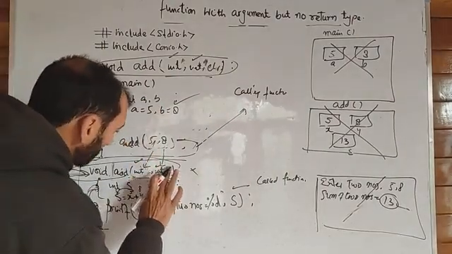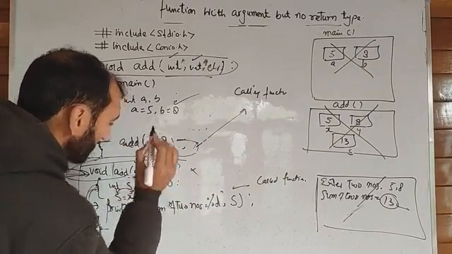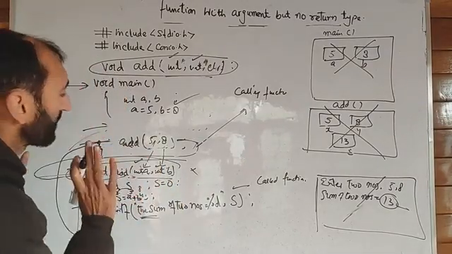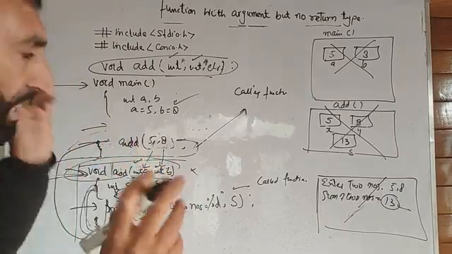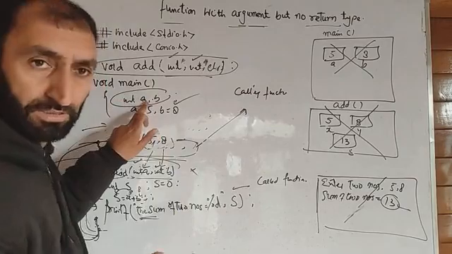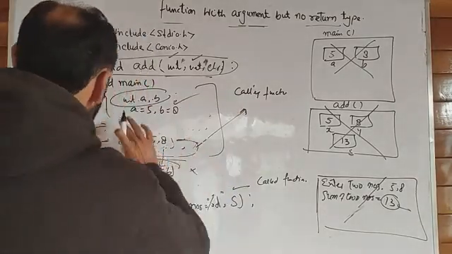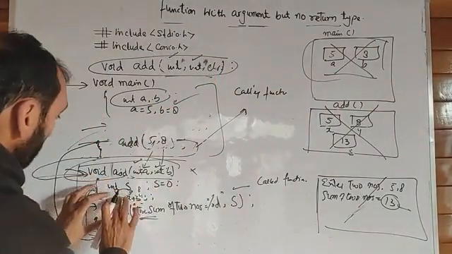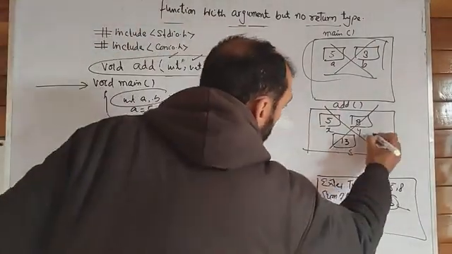And you can take a, b, no problem. Like s equal to a plus b, no problem at all. Because these 2 variables, int a, b, are local to this function. And these 2 variables here, a, b, are local to the main function.